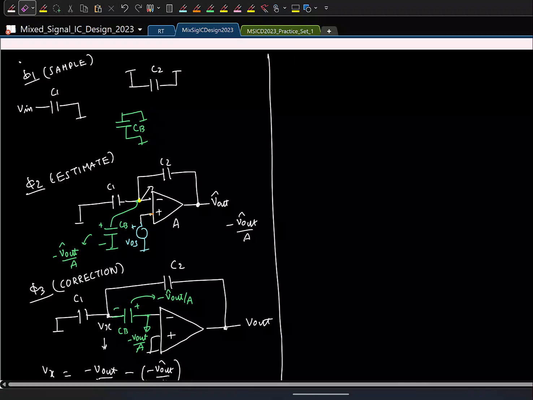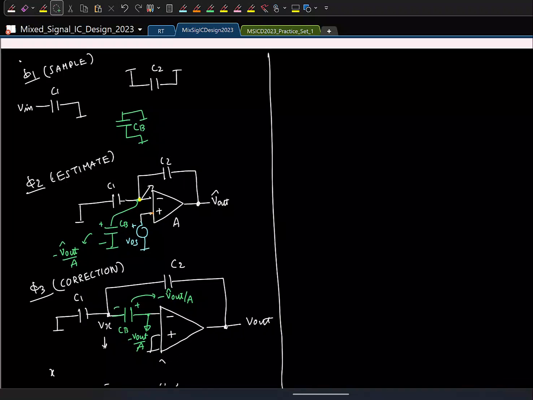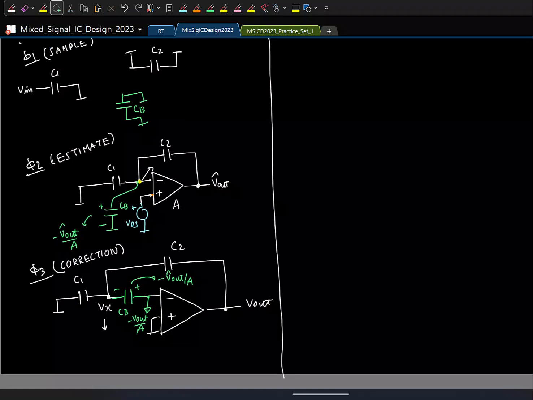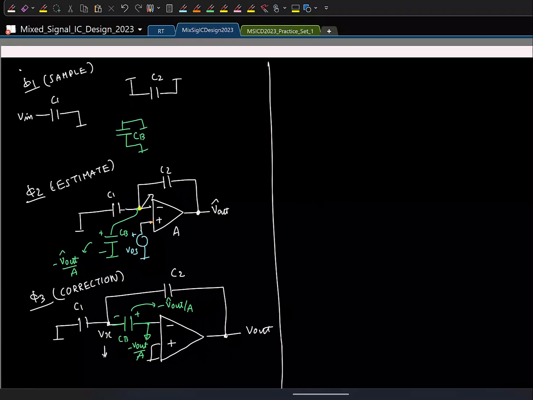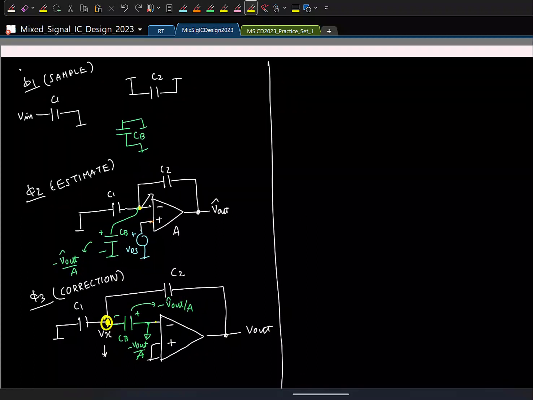So again, we are doing charge conservation, and the output is finally available in which phase? Phi 1, Phi 2 or Phi 3? Phi 3, right? So I will be interested in the output in Phi 3, so I will apply charge conservation there. Here I have two nodes to apply. I can apply charge conservation here or here. So let's say I start with the Vx node. So what are the charges?